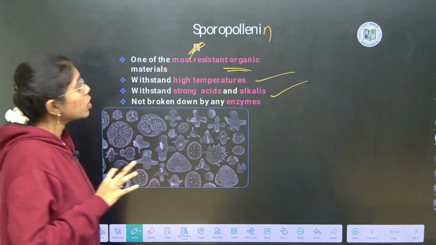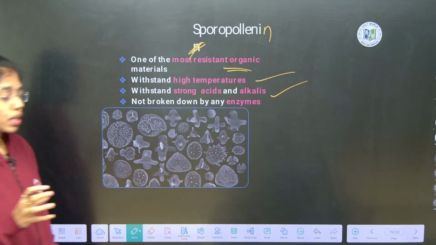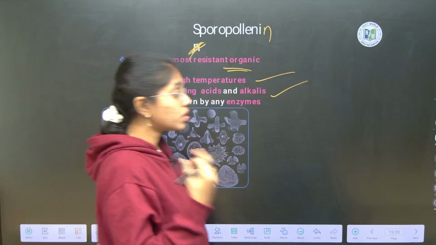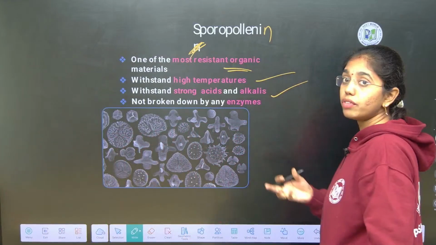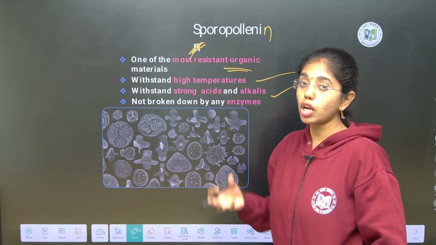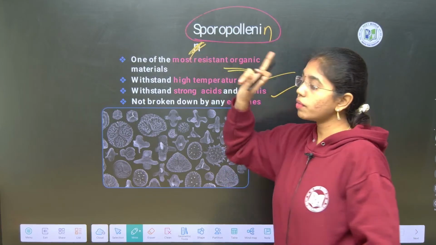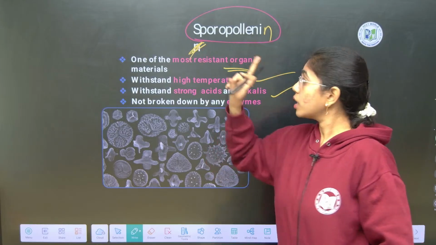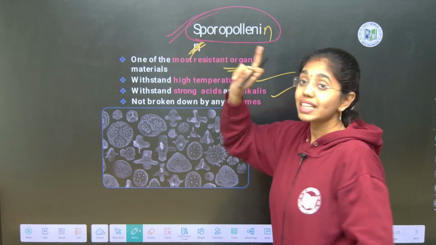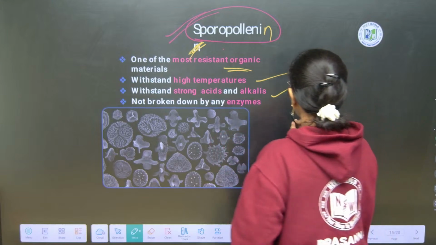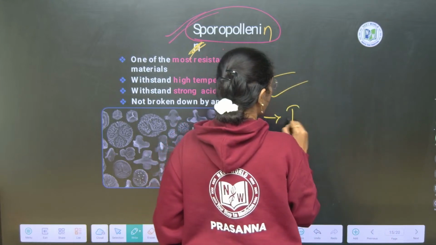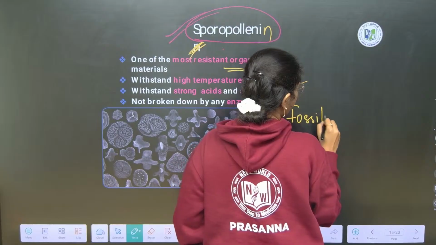So sporopollenin is the major reason for palynology, where we can study pollen grains, which is of taxonomic significance. Because of the sporopollenin present in the outer wall layer, this is also important for the study of fossilization.